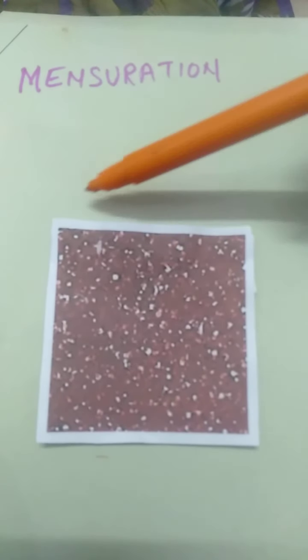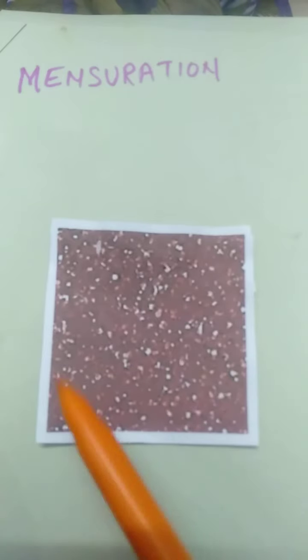The next is the square. A square is a geometrical shape where all the four sides are equal. That is, this side is equal to this side, is equal to this side, is equal to this side. So all four sides are equal and the perimeter is the sum of all the four sides.